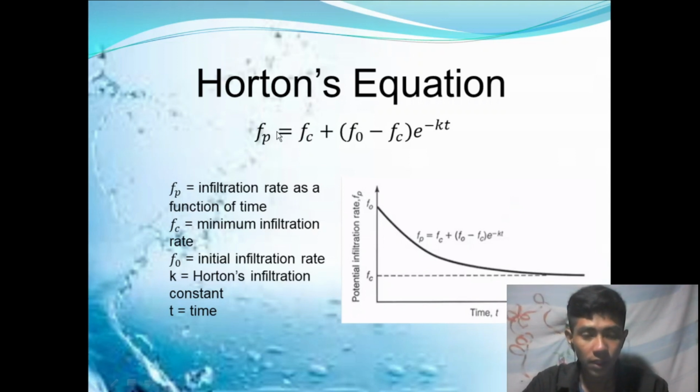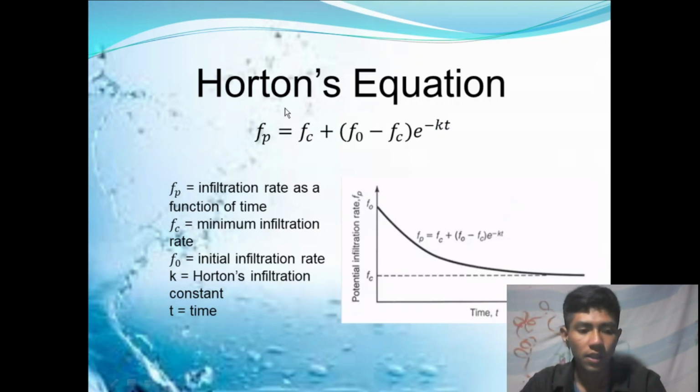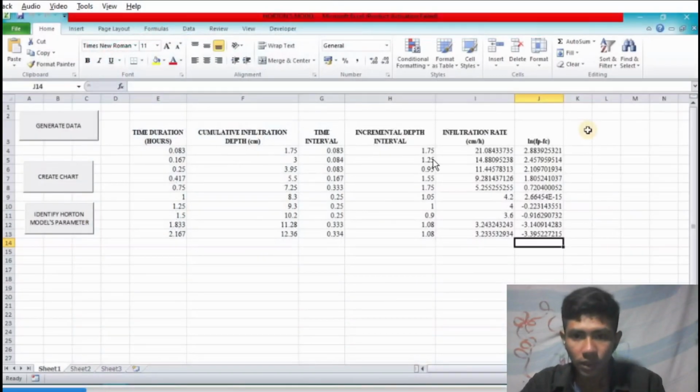So, nalipat tong fc dito, and then we take the natural log of both sides. Getting that, we can get ln fp minus fc is equal to ln f naught minus fc minus kt. So, dun galing yung ln fp minus fc. Saan ba natin magagamit yun? Later on, we'll proceed by explaining it. Okay.